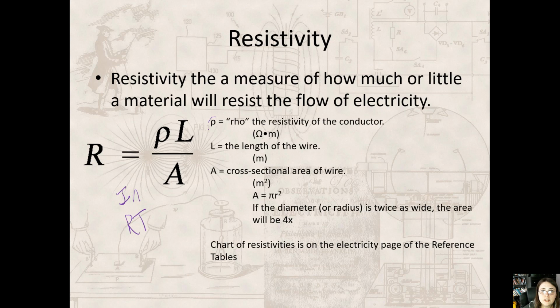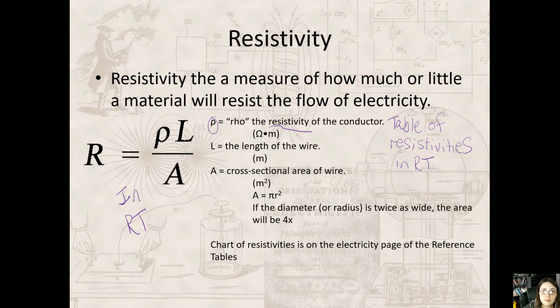This symbol here is the Greek letter rho, and it's the resistivity of the conductor. There's a table of resistivities in the reference table for different types of material.